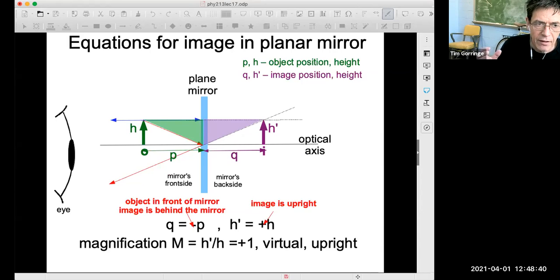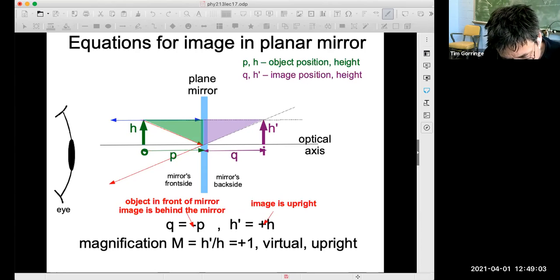And what you spotted about the characteristics of the image formed by the object are the basis of some equations that we use to describe the image formed by an object in a plane mirror. That's what this slide is about.